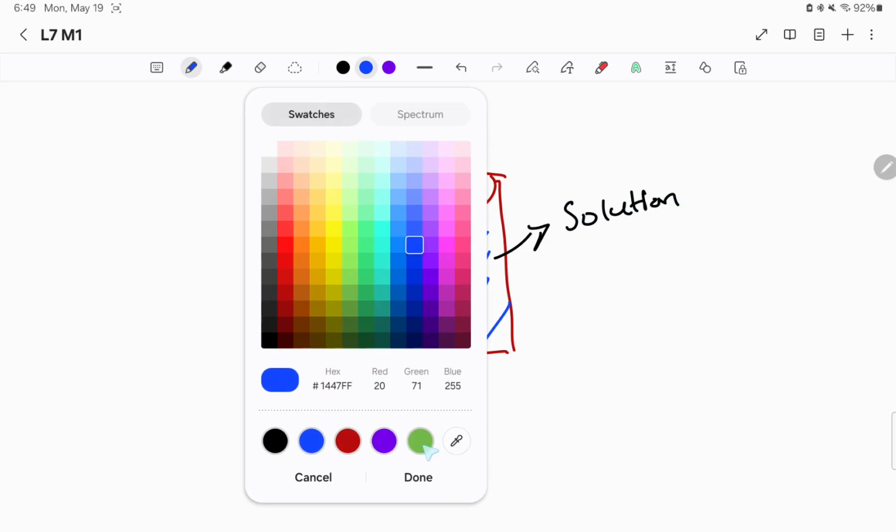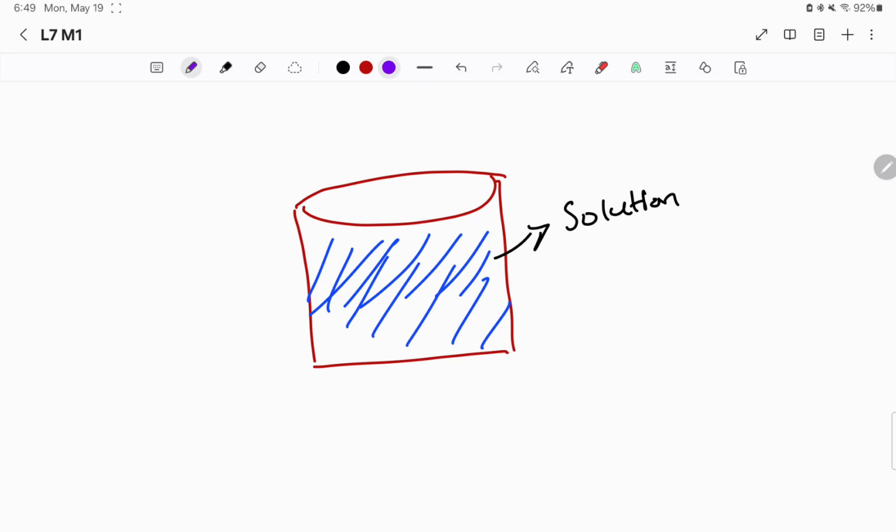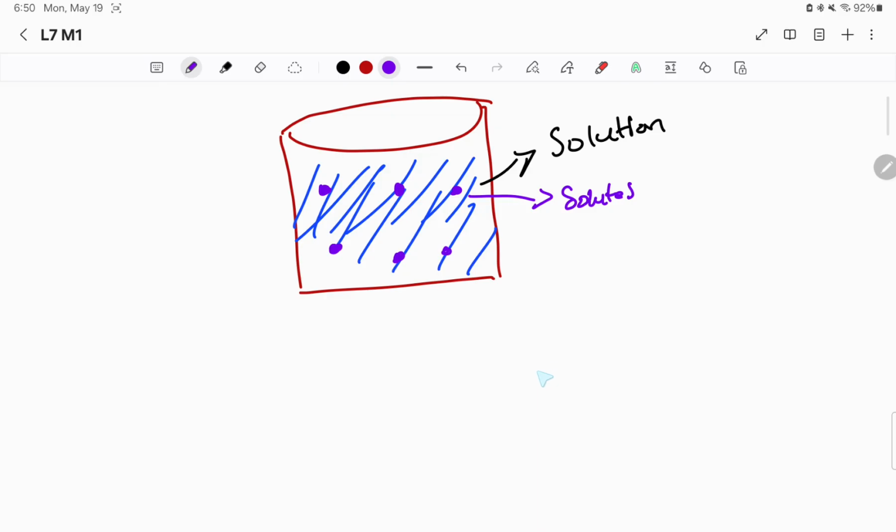Inside of a solution are generally going to be tiny molecules that are dissolved in there. These could be salts or macromolecules. Doesn't really matter, but these guys that are dissolved in there are called solutes. So solutes are dissolved in a solution. The easiest way I like to think about it is with an example: sodium, which is just salt, inside of water. The water is the solution, the sodium is the solute.